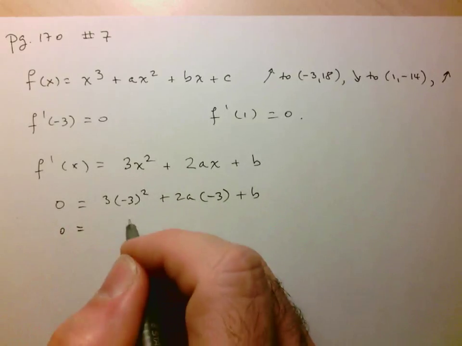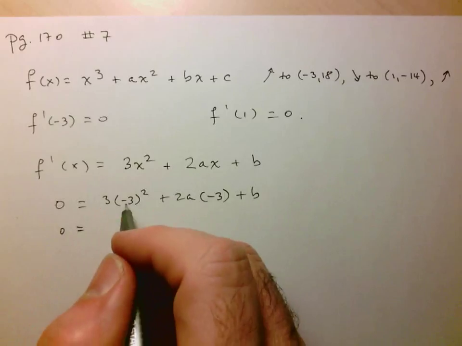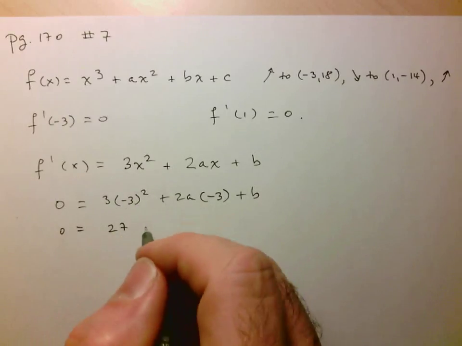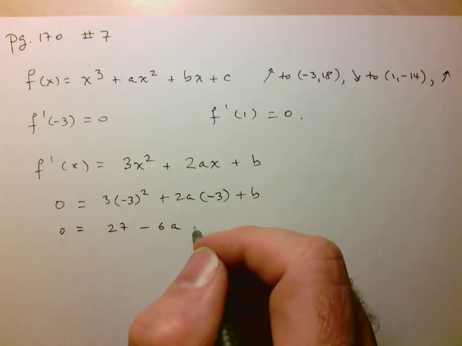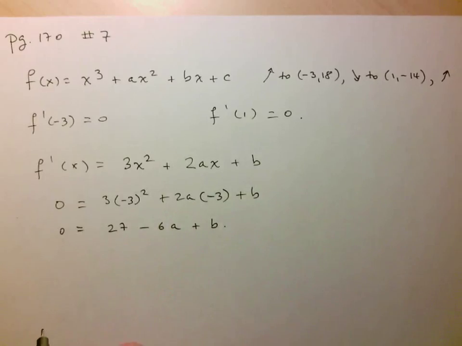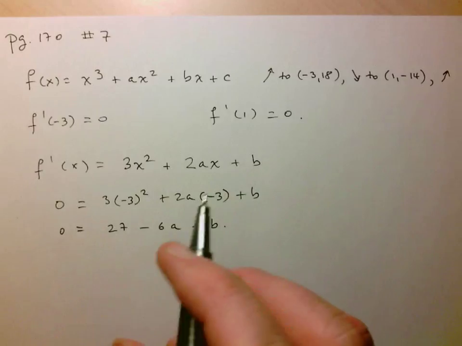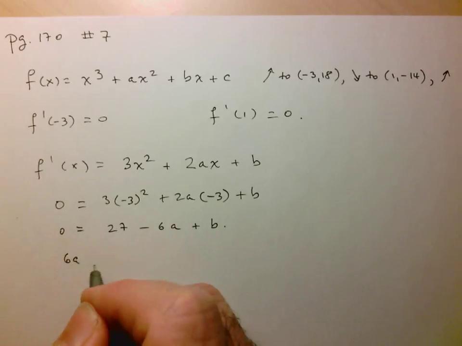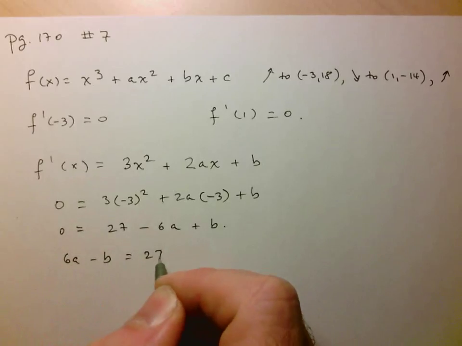So 0 equals 27 minus 6a plus b. I might as well get my a to be positive here, so I'll bring the a and b terms to the other side, so we get 6a minus b is equal to 27.